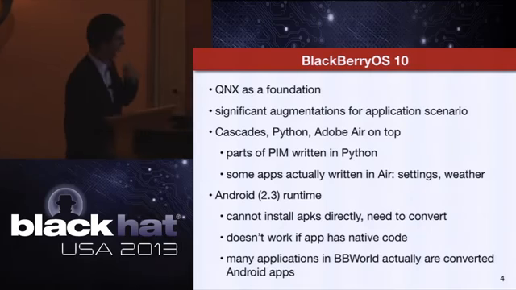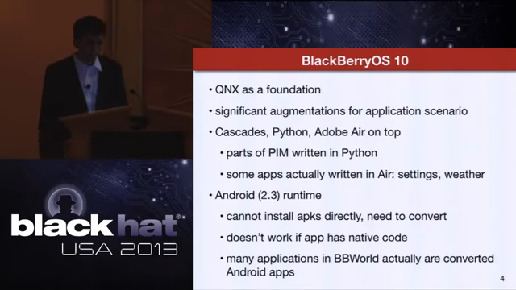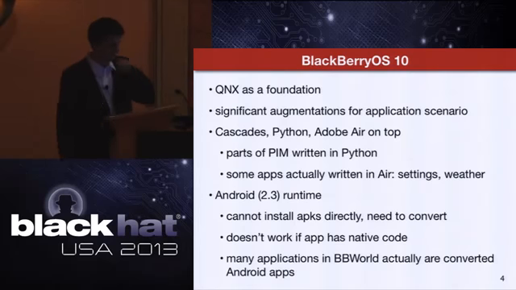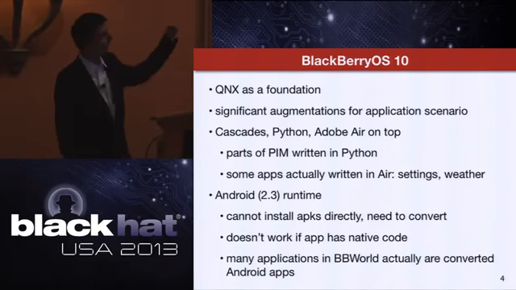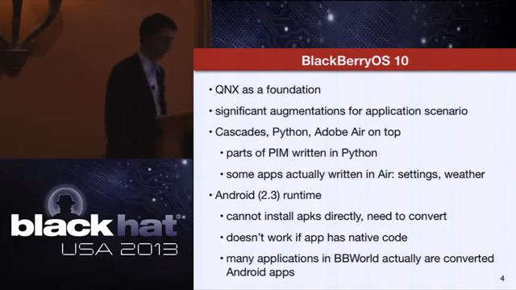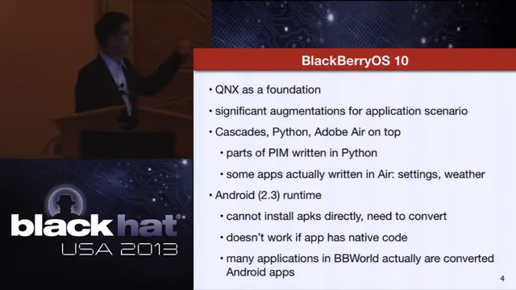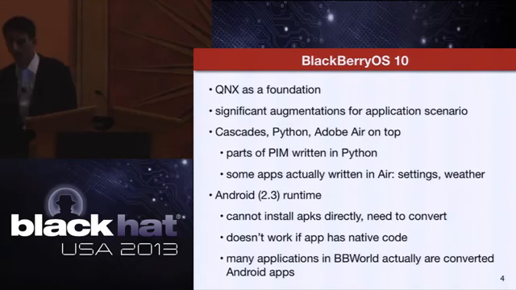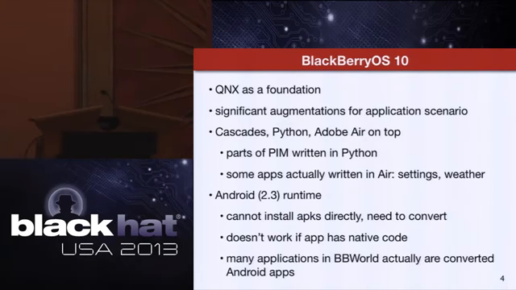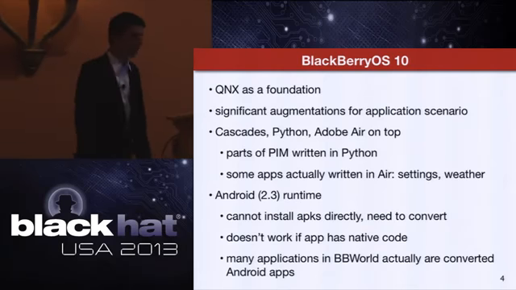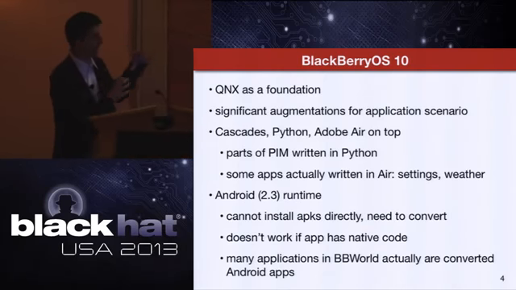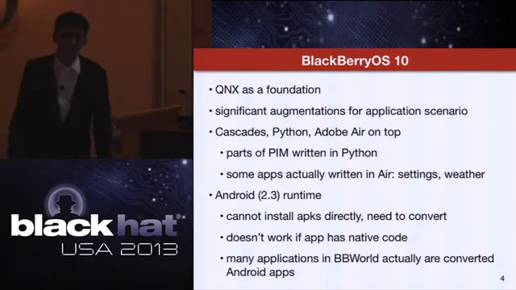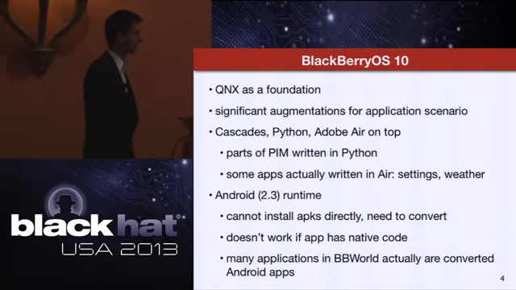Then at some point they were bought by a company called Harman, and later they were bought by RIM. Now, for the smartphone environment, there's some significant augmentations to QNX.